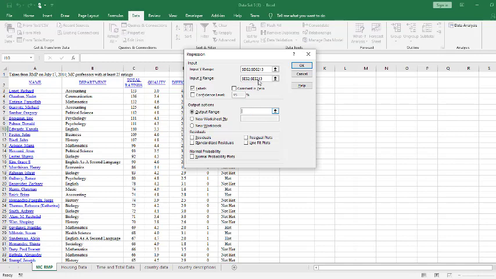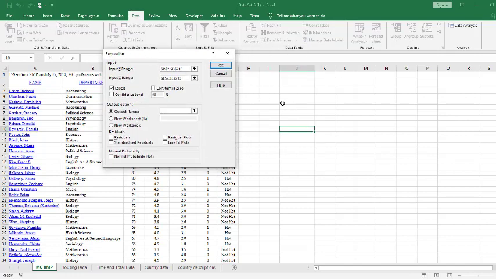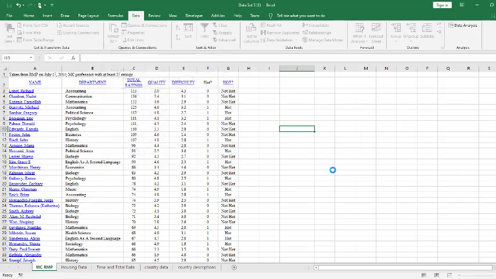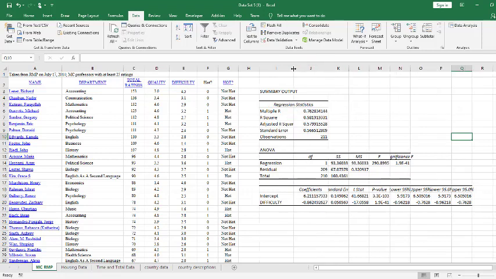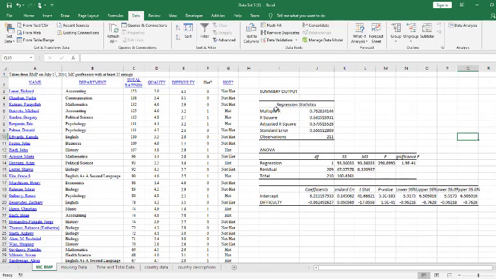I'm just going to select somewhere for the upper left-hand corner of the table it's going to generate. I'll pick I3 because sure, that seems fine. Doesn't really matter as long as there's a lot of blank space in this area. And hit OK. And then it runs regression. Does it super fast. Super, super fast. Because it's a computer, that's what it's good at.